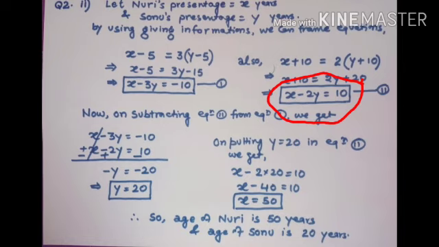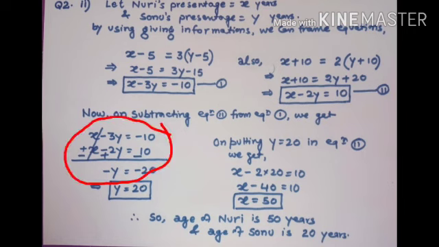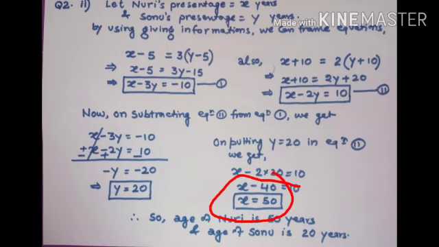Now on subtracting equation 2 from equation 1, as the coefficient of x is the same in both equations, we get the value of y as 20. On putting this value of y as 20 in equation 2, we get the value of x as 50. So we can say that the age of Nuri right now is 50 years and the age of Sonu is 20 years.